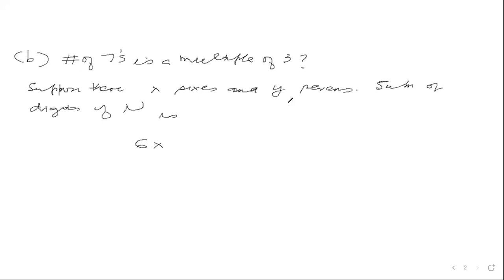And if you add up all the 7s, or y of them, you get 7y. Right? And this is a multiple of 3. So this is equal to, if it's a multiple of 3, no, I'm sorry. It is a multiple of 3 because n is a multiple of 3.